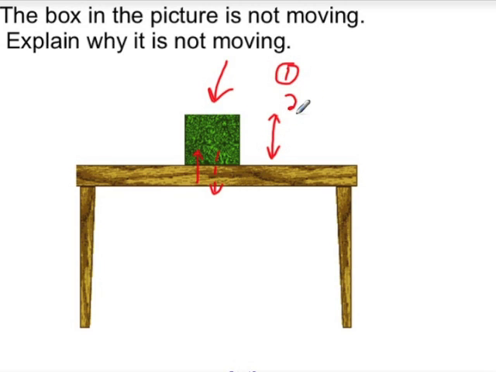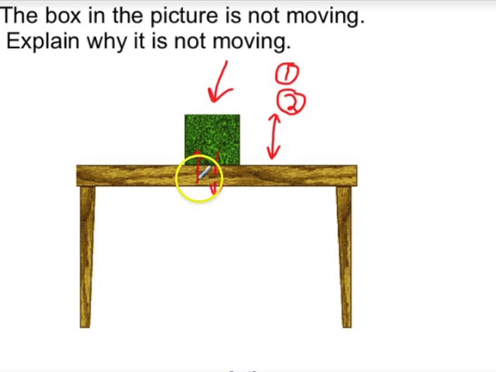But the second thing you're going to have to talk about is, why are there no horizontal motions? Why is it not moving to the left or to the right? Any ideas? Now, if you said that because there are no horizontal motions, you're correct. So there's two things you're going to have to say. One, that the vertical forces are equal, they're balanced, or they're in a state of equilibrium, so there is no up or down motion.